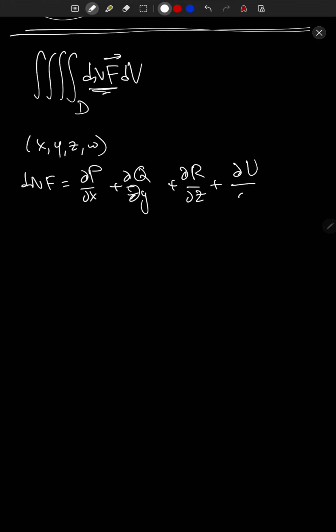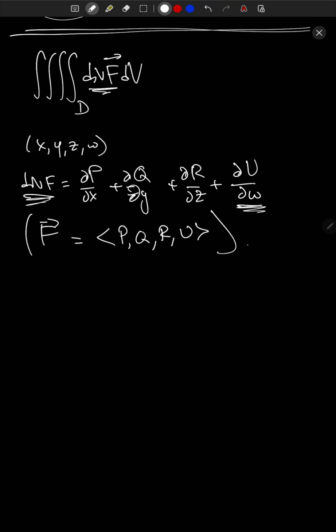Let's use U, where f is equal to (P, Q, R, U). So perfectly legit, right? And again, the divergence is exactly what you would expect. You just add this term here, the derivative of the 4th entry with respect to the 4th variable. And the right-hand side would be exactly as you would expect.